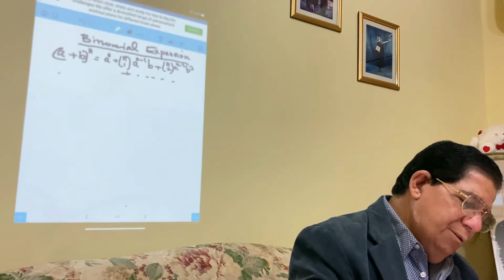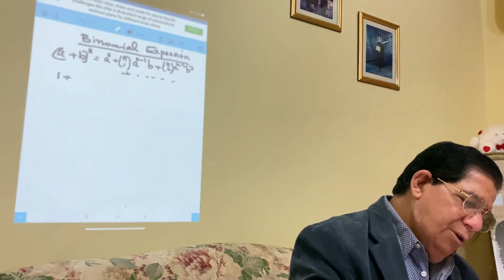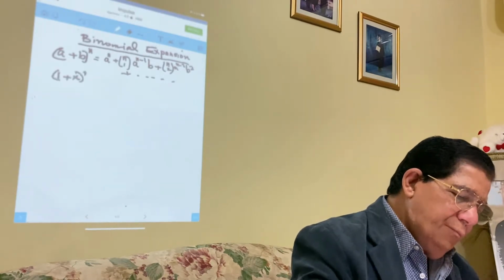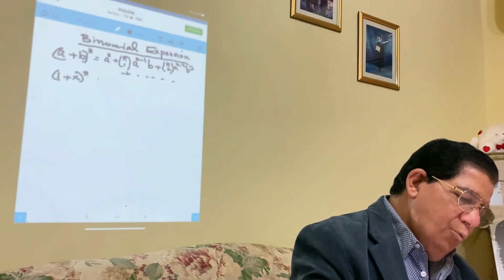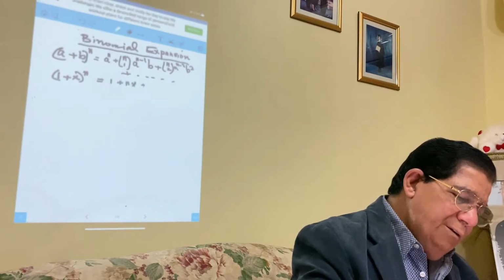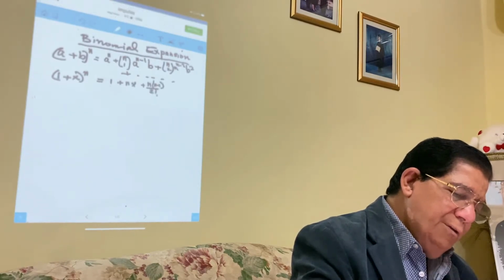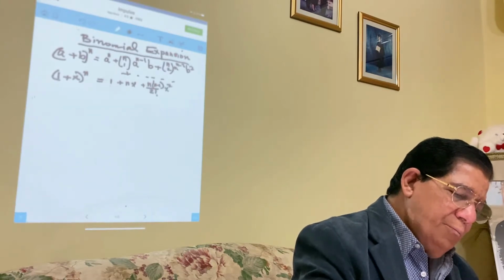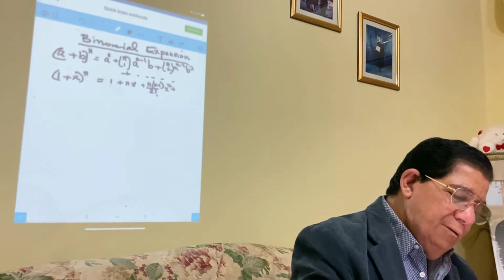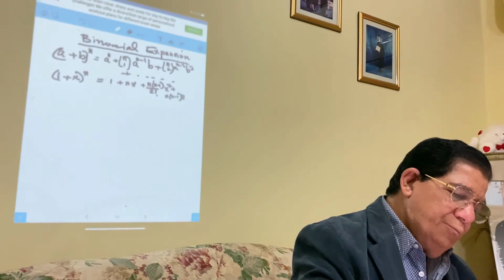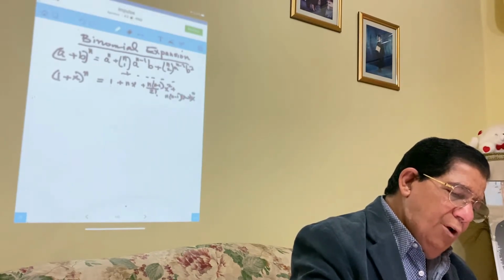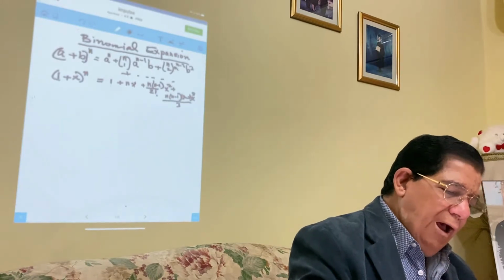It says (1 plus x) to the power n is equal to 1 plus nx plus n times (n minus 1) over 2 factorial x squared plus n times (n minus 1) times (n minus 2) x cubed over 3 factorial, and so on.